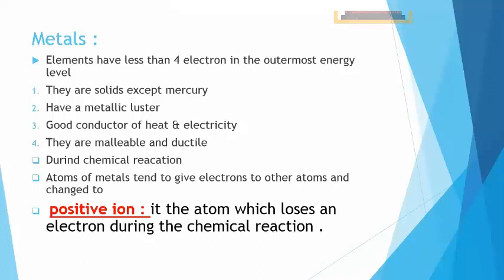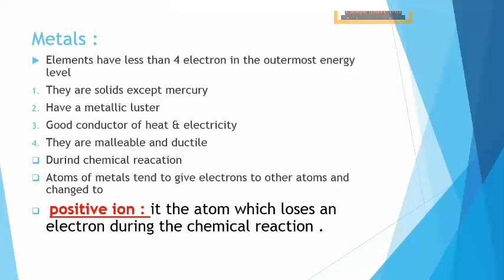The only liquid metal is mercury, but the others are solid. Number two, metals have metallic luster. Number three, metals are good conductors of both heat and electricity. Number four, metals are ductile and malleable, so they can be reshaped or hammered.